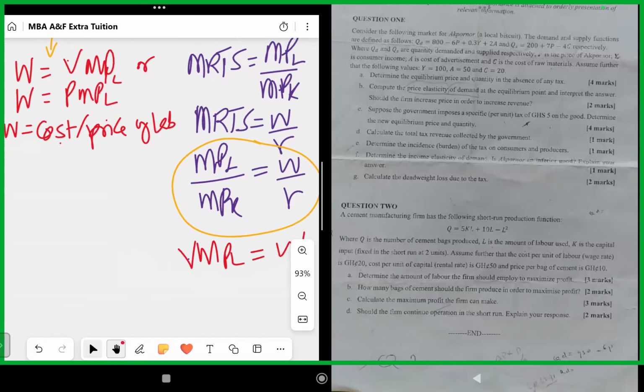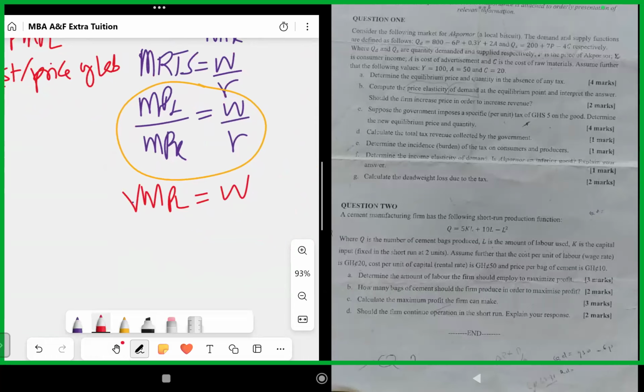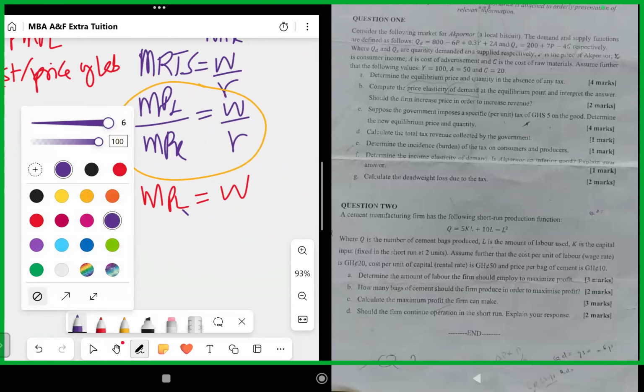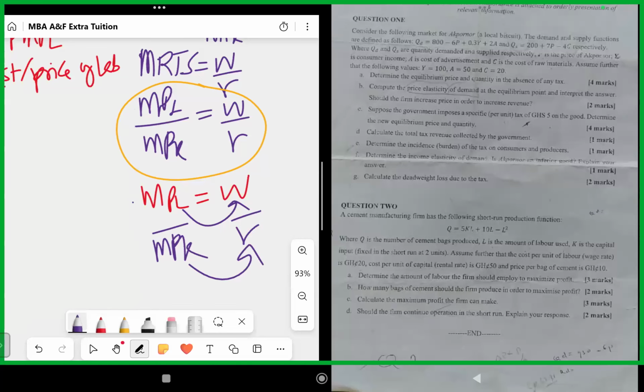So if you want to remember the long run formula, the MPL without a V is equal to the wage. The L goes with the wage. Then the over MPK equals the rate. The MPK will go with the rate. Have you seen it? And this MPL over MPK is the MRTS, marginal rate of technical substitution.